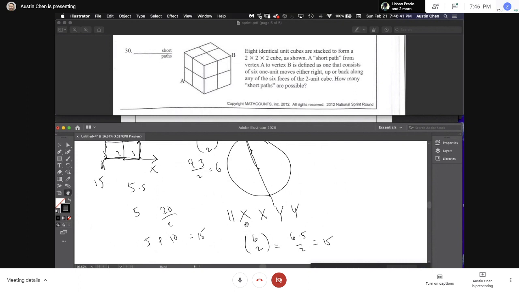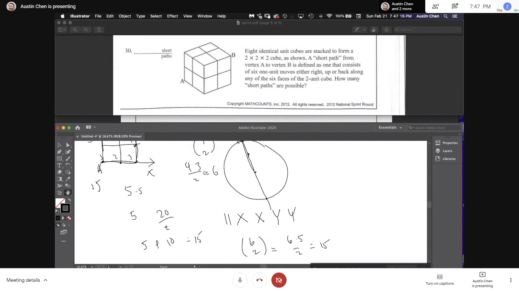Yeah, this is a use of stars and bars. You can also do it like this if you notice it.